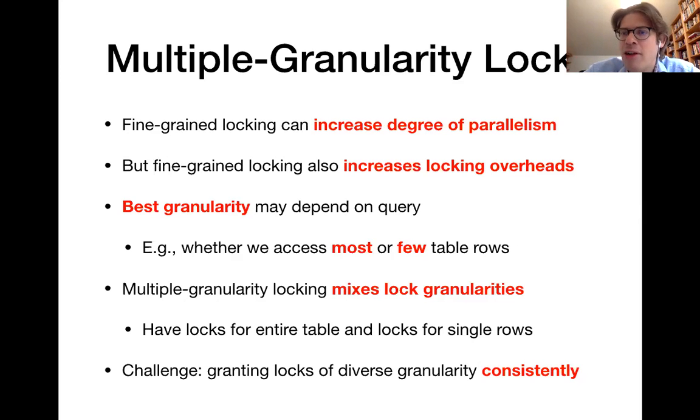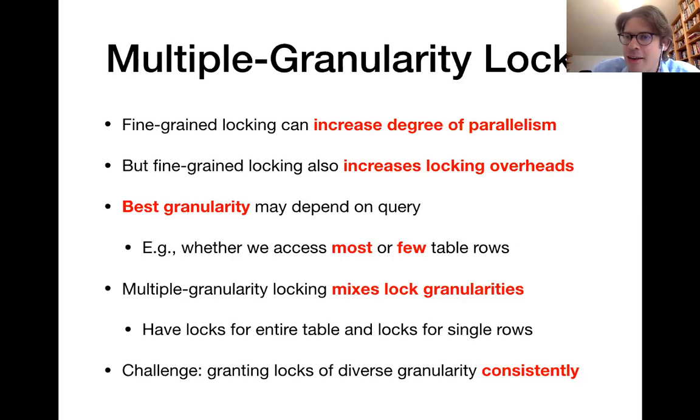Multi-granularity locking allows you both types of locks. The big challenge here is to make sure that we grant those locks consistently. If one transaction has obtained a lock on the entire table, we cannot give out any locks for specific rows anymore which conflict with the first lock.